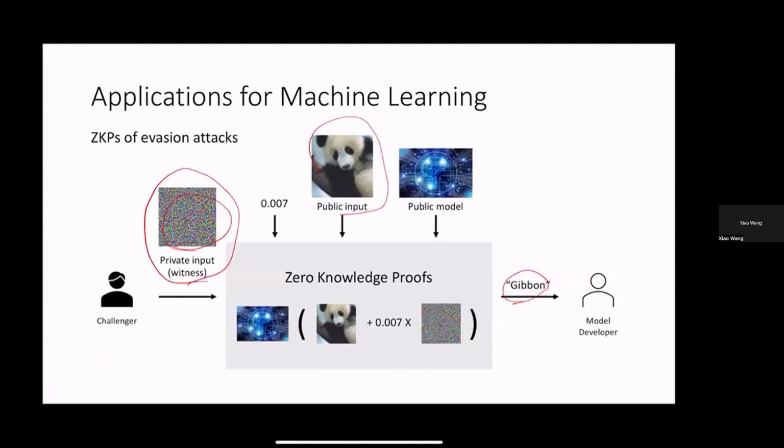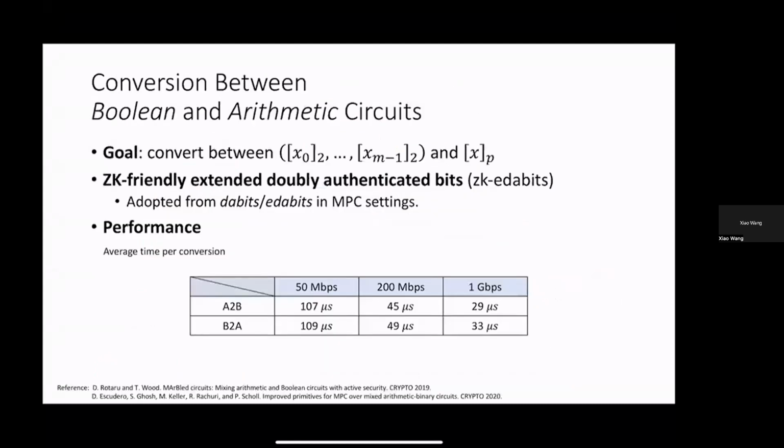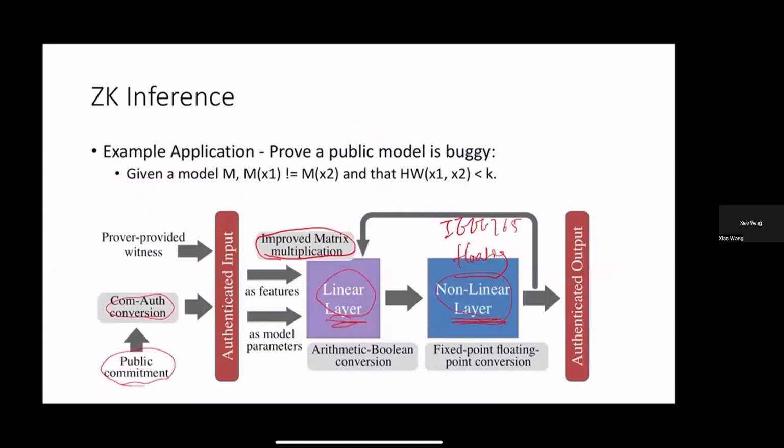Okay. As I said here, we need some kind of conversion between arithmetic and Boolean, and this conversion is used to connect linear layers and non-linear layers. Why is that? This is because we cannot really do zero knowledge proofs on floating point directly.